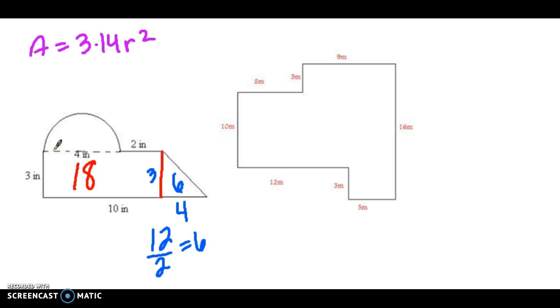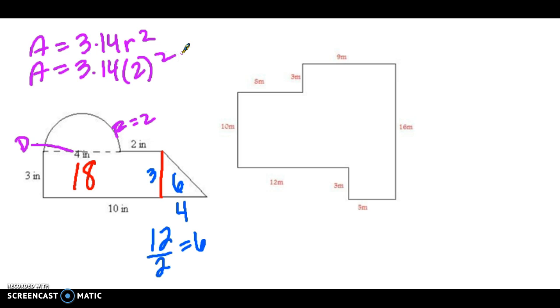So I've got to divide 4 by 2 to get that my radius of this semicircle is 2. Area equals 3.14 times 2 squared. 3.14 times 2 squared is 12.56.